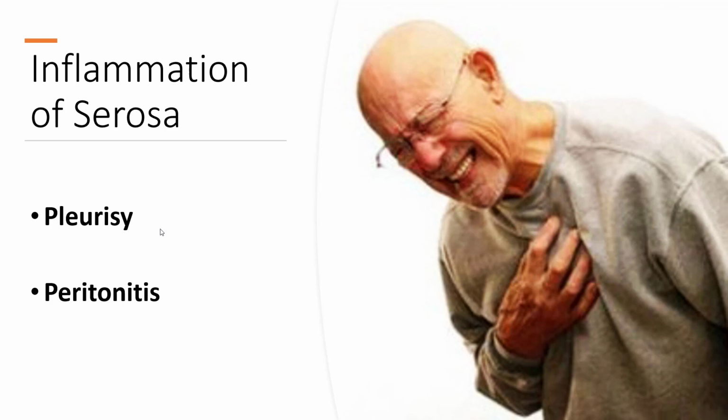Every time you breathe, it causes extreme pain as those layers rub against each other. And it's a crushing sensation in the chest. It feels like you're having a heart attack. And a lot of the time when someone goes to the emergency room thinking they're having a heart attack, it turns out that it's actually pleurisy.